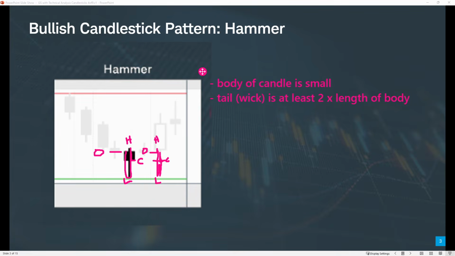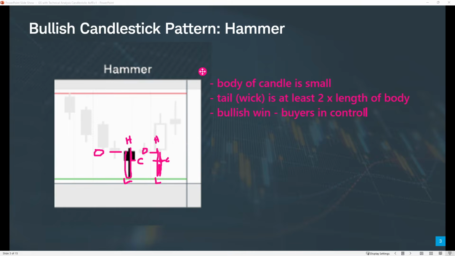And so we have a situation where it opened and at some point the sellers took the price down, and then the buyers came in and drove the price back up. It is considered to be a bullish win for that day because the buyers were in control for this day or this week or this month.